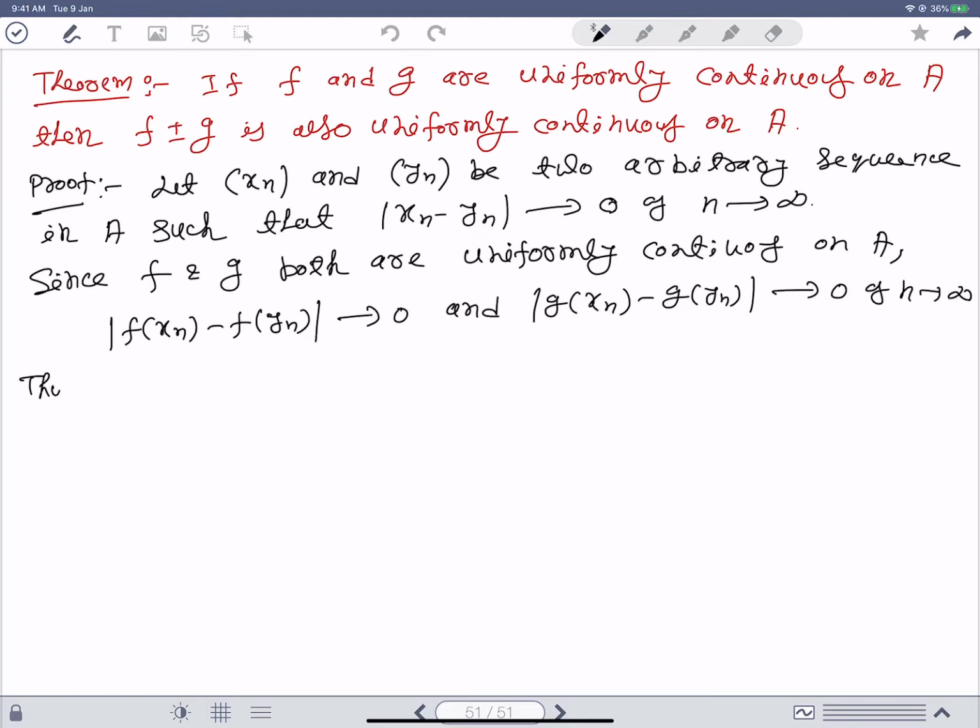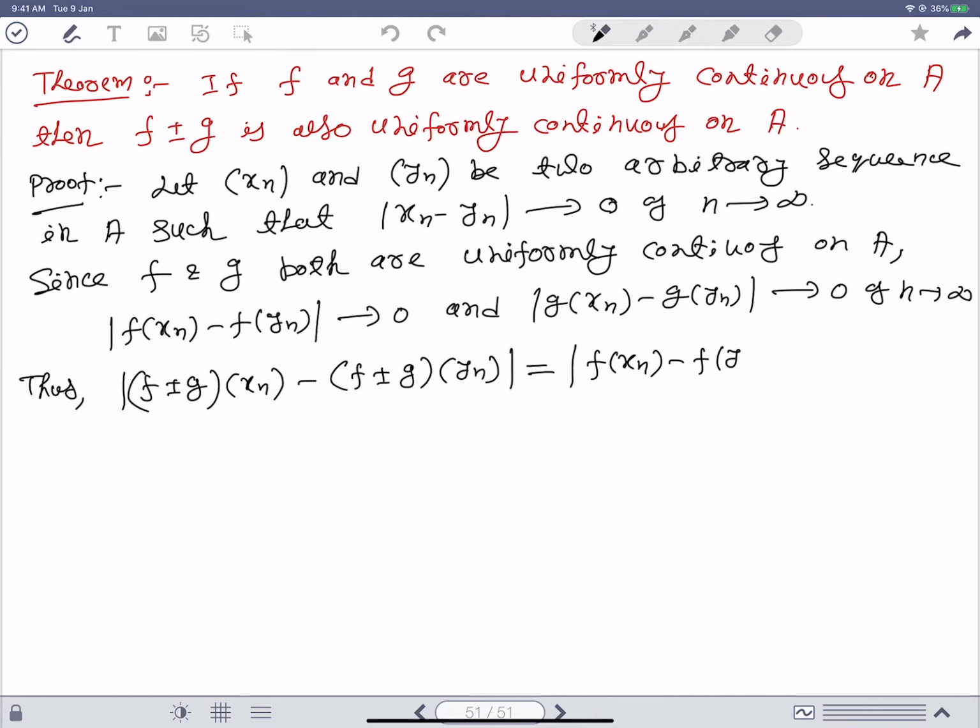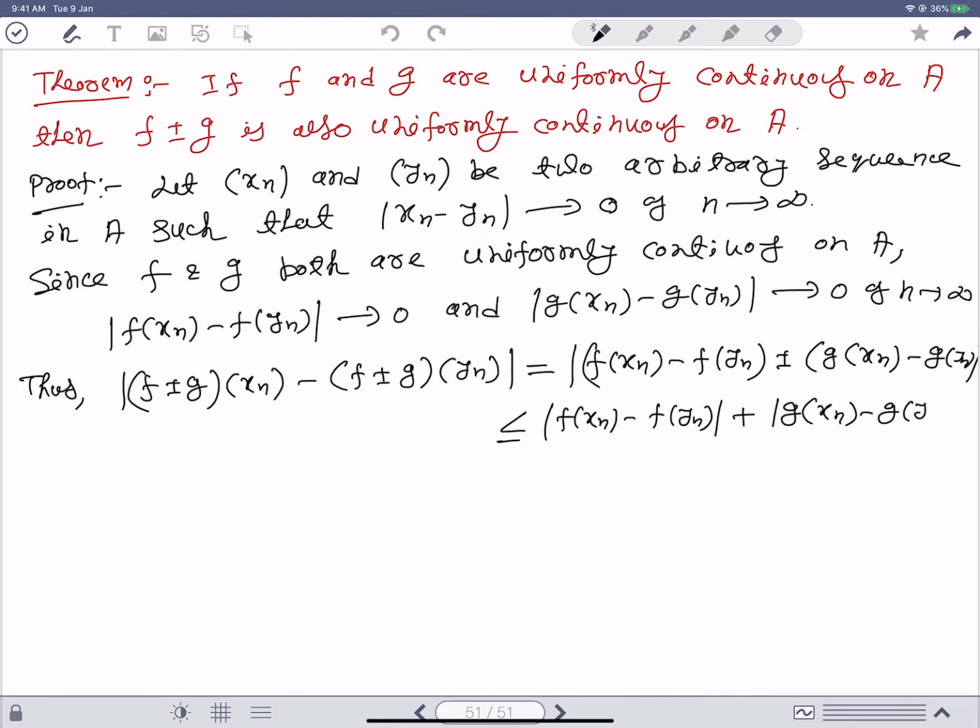Now therefore if you take f plus minus g at xn minus f plus minus g at yn, you can write this as f of xn minus f of yn plus minus g of xn minus g of yn, and this is less than or equal to mod of f of xn minus f of yn plus mod of g of xn minus g of yn.